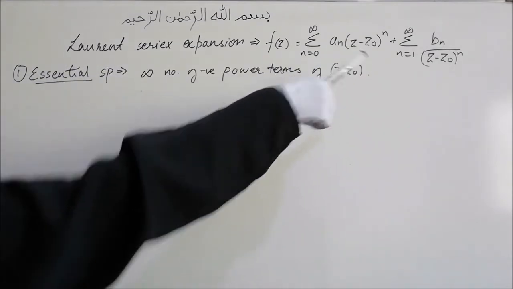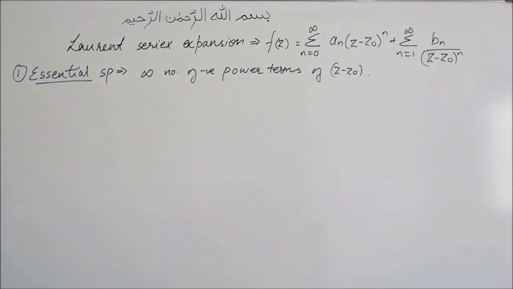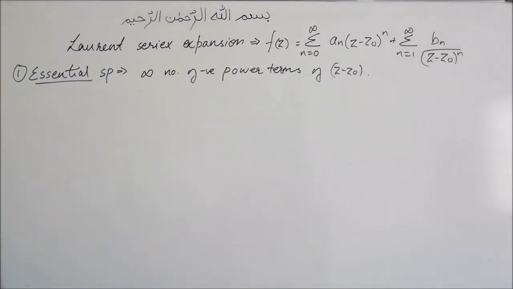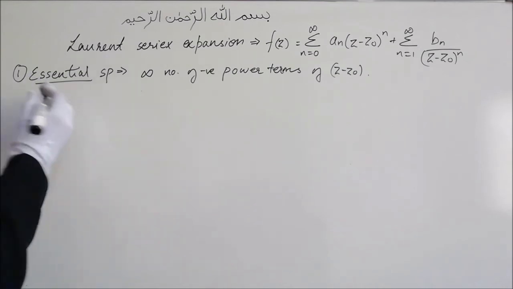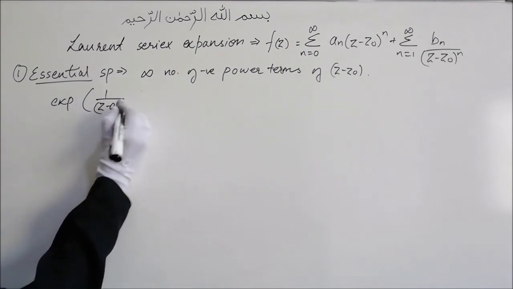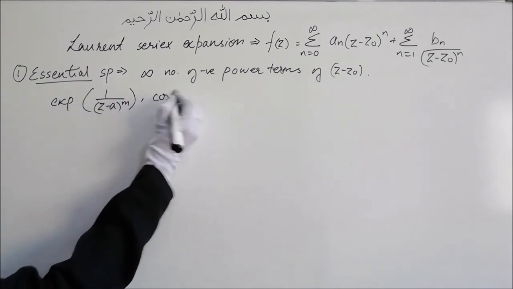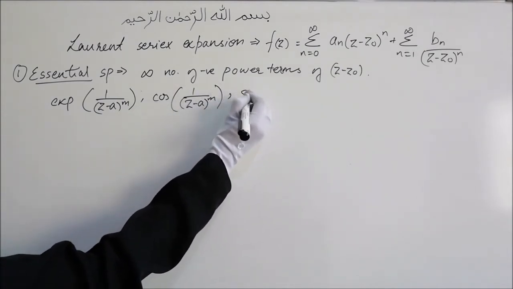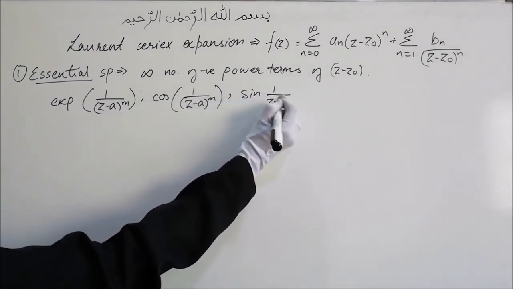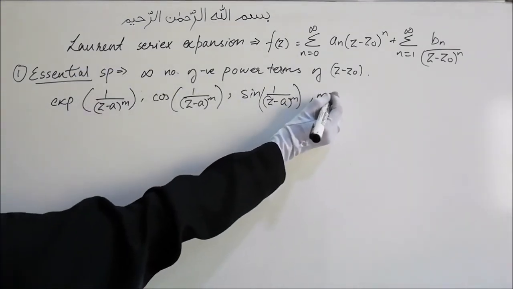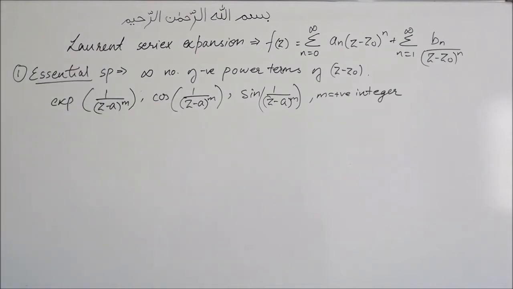If the principal part of the Laurent series expansion contains infinite number of negative power terms of z minus z0, then z0 is called as essential singular point. Therefore, exponential of 1 by z minus a the whole raised to m, cos 1 by z minus a the whole raised to m, sin 1 by z minus a the whole raised to m, where m is a positive integer, have essential singular points.